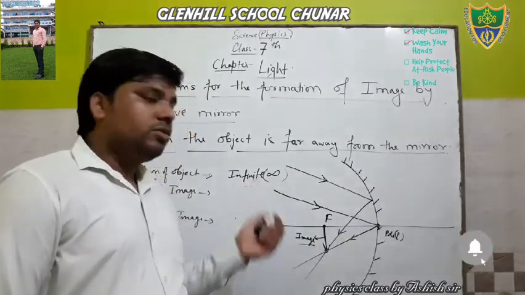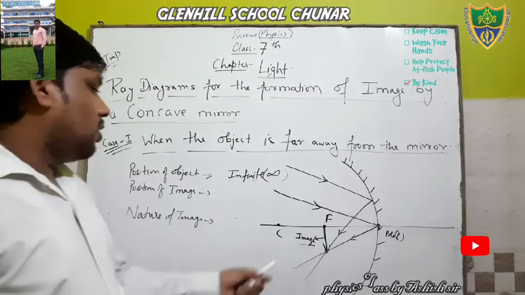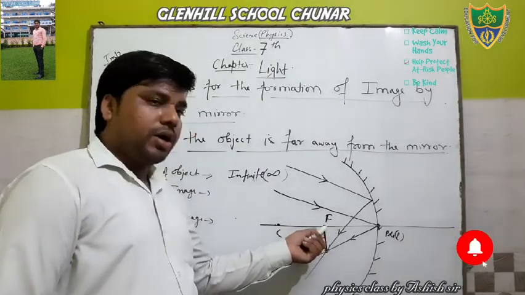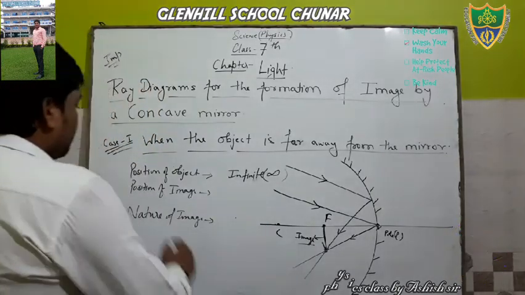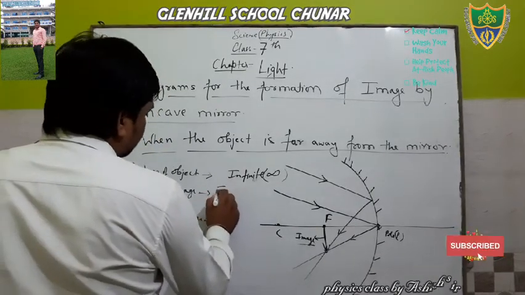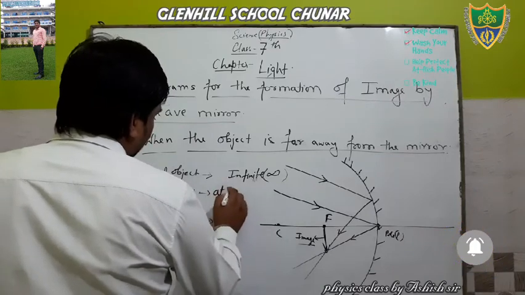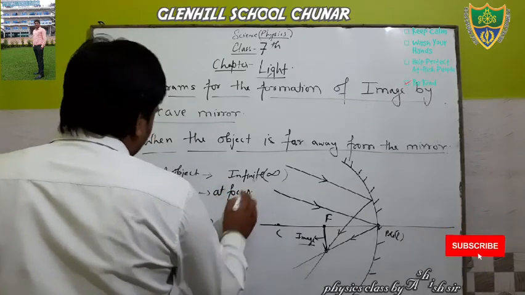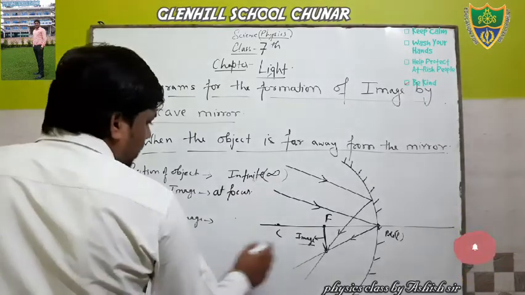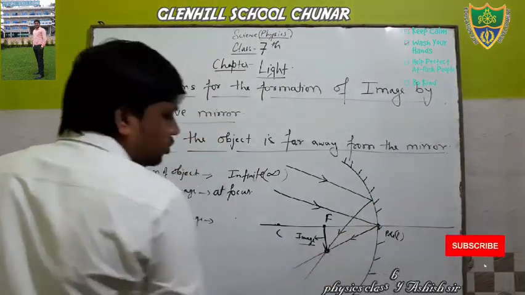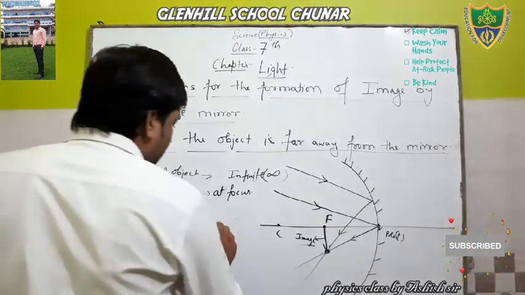As compared to the object. And position of image is what? Focus. Let's write here. Position of image is at focus. And nature of image is what? Both lights actually meet, so image is real.